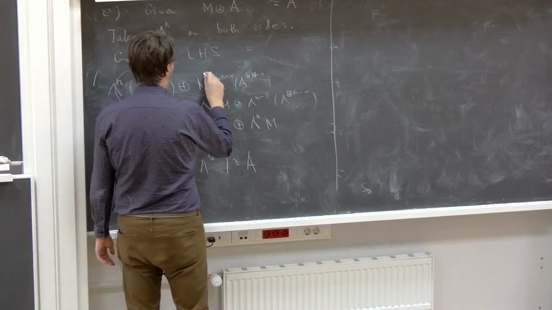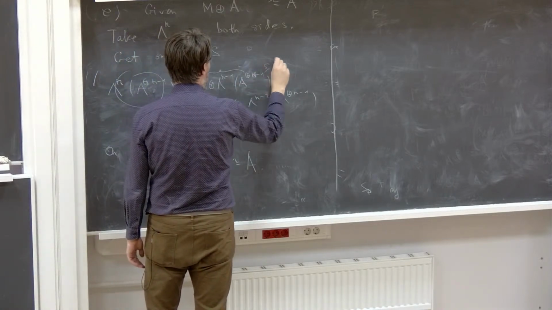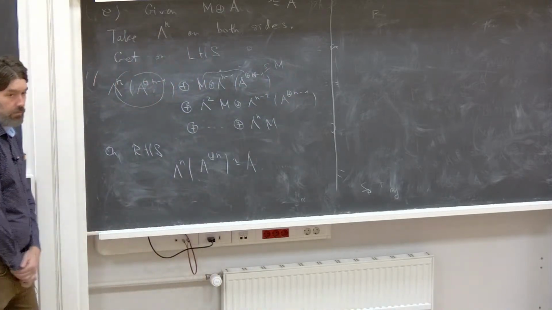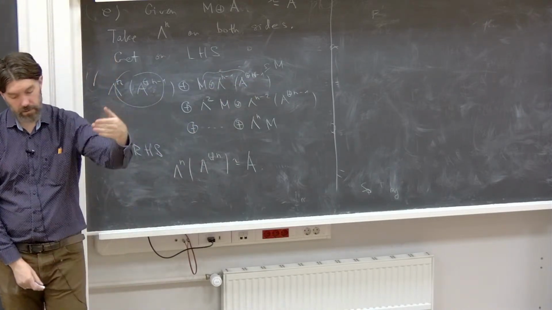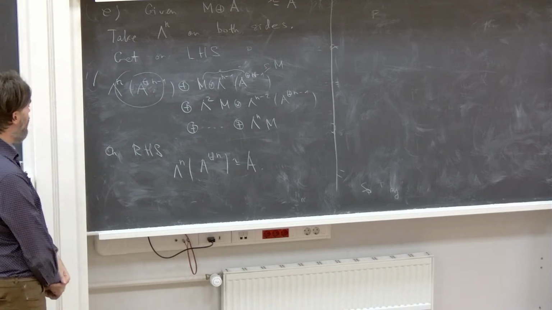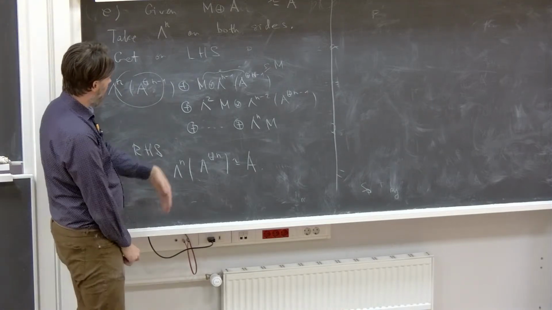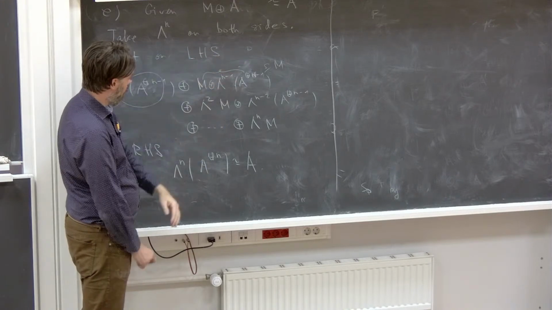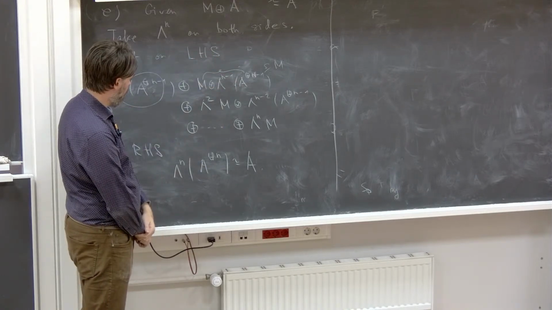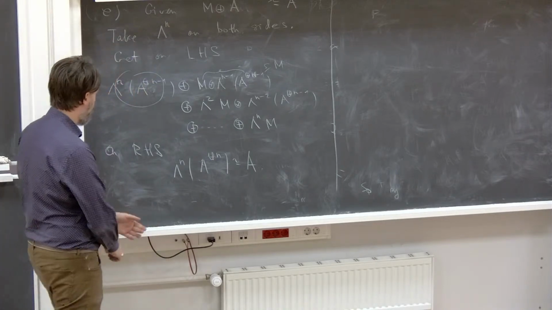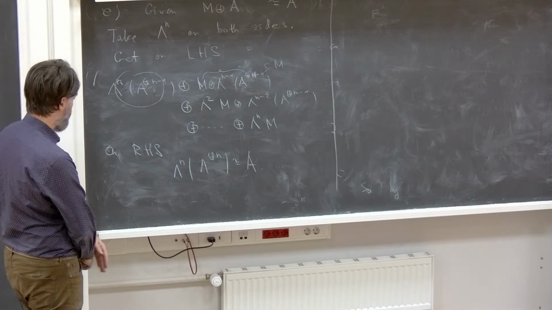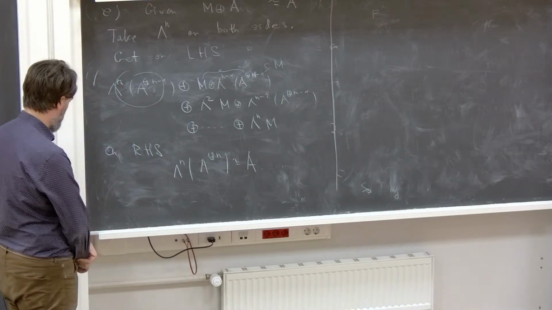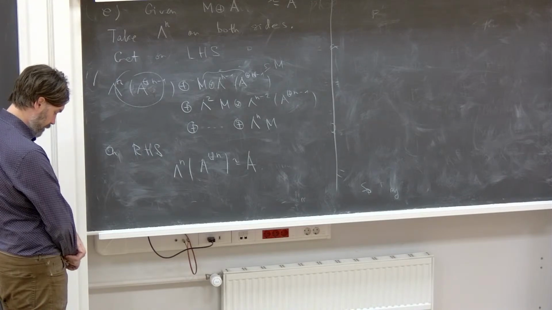This term here is isomorphic to M because wedge n-1 of A^(n-1) is A. And so I have some non-zero term here, and the other terms must vanish. Because there's a single sum in here. Is this what I want to say? Just a minute.